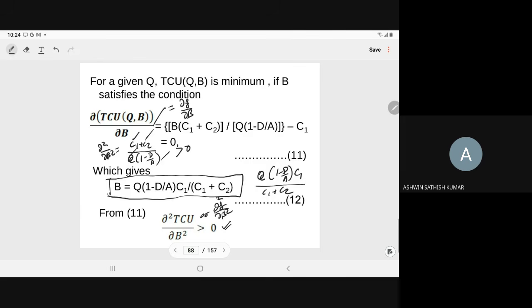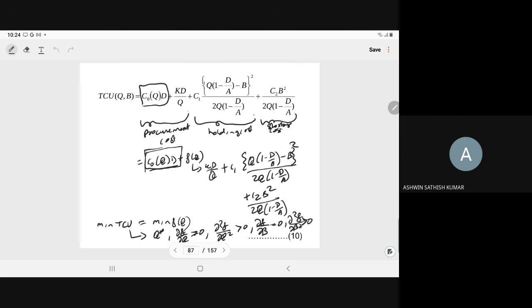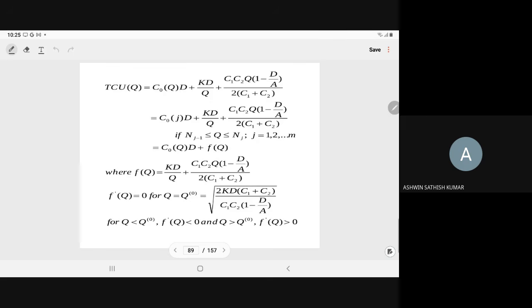So when we have the optimum value of B and put that value of B in the TCU, the TCU is now a function of Q only, as you have put the value of B in terms of Q. So here you have TCU(Q) as C naught Q into D plus KD upon Q plus C1 C2 Q into (1 minus D upon A) upon 2 into (C1 plus C2).